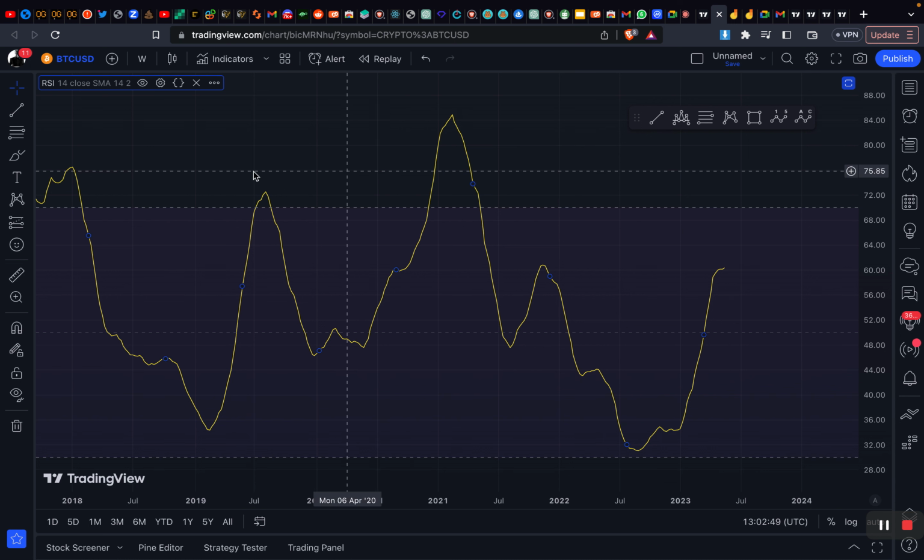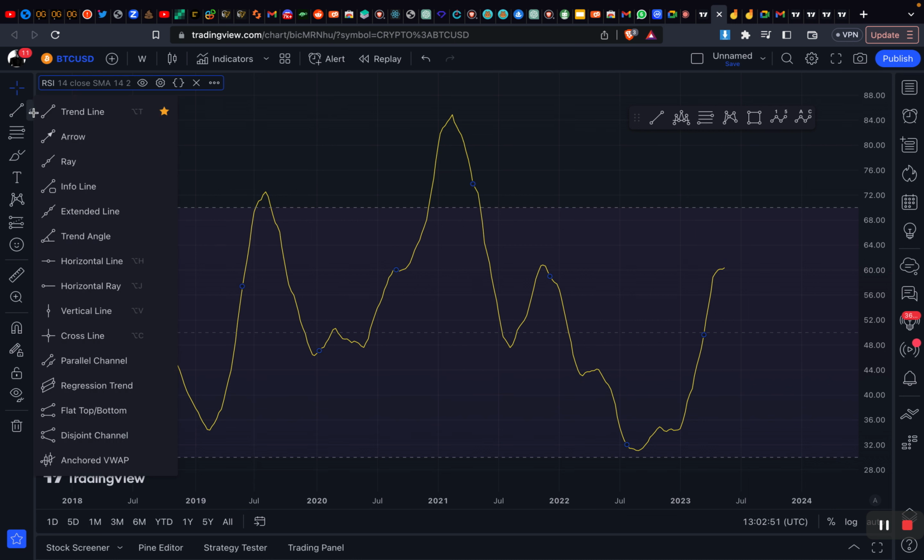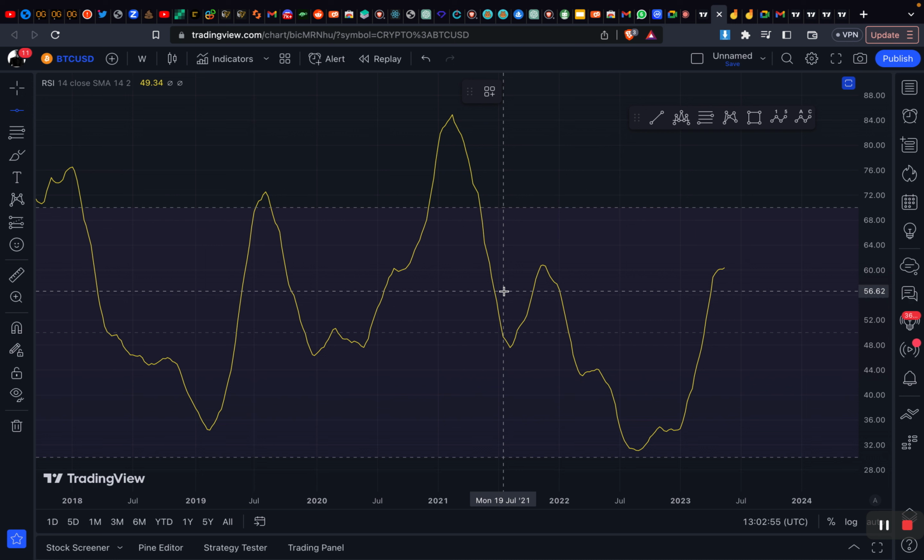There are important levels that you must know with this relative strength index. The important levels you must know are level 55 and 45. So let's say 45 here.